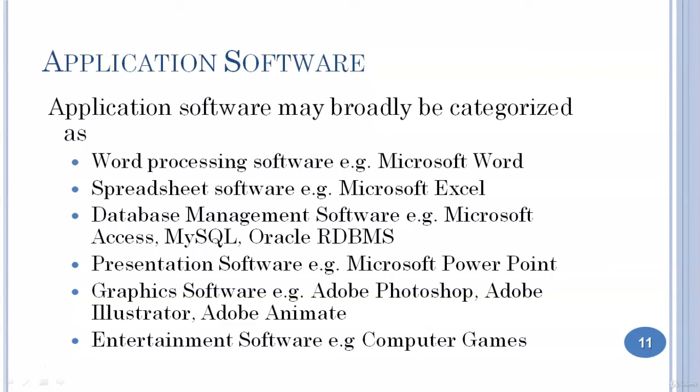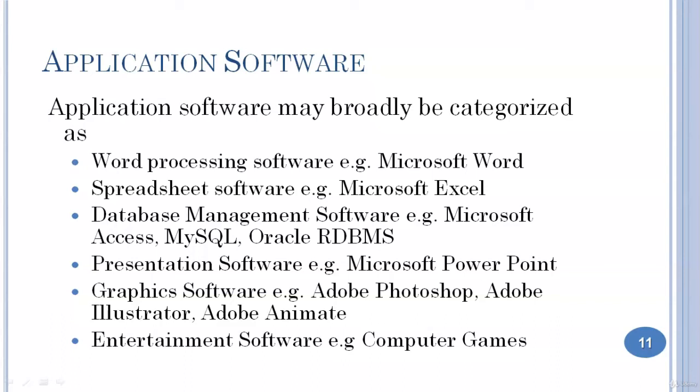Now, the next type of application software is the presentation software, which is normally used to create different slides and presenting electronic slideshows. An example of presentation software is Microsoft PowerPoint. Next comes the graphics software.